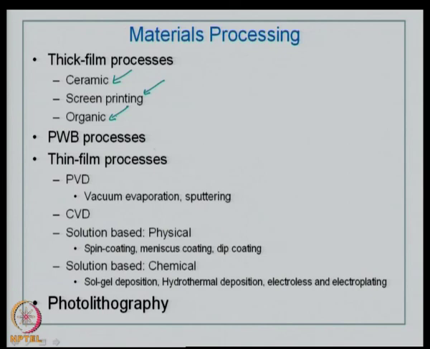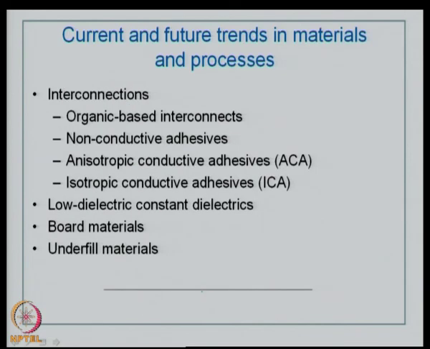All the PWB processes use a wide variety of materials. There are innumerable materials that contribute to the reliability of the printed circuit board or printed wiring board. Then thin film processes, again for specific applications like PVD, CVD, physical solution based like spin coating, meniscus coating, dip coating, chemical solution based like sol gel, and not to forget the photolithography process.